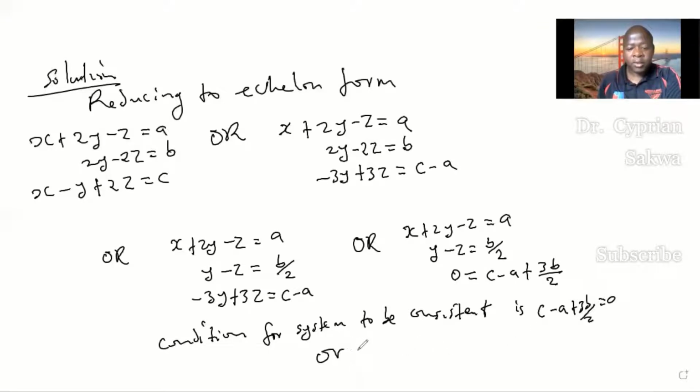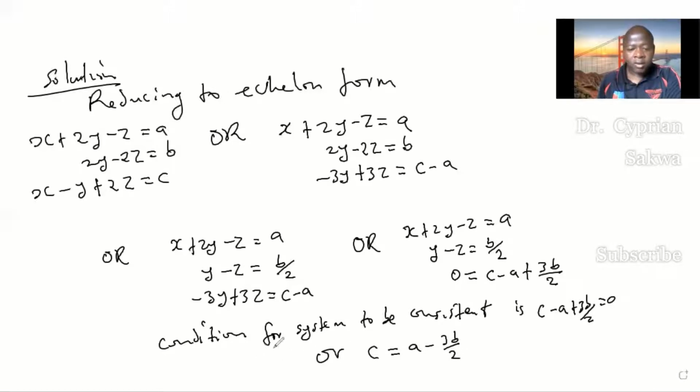Or one would say that c should be the same as a minus 3b out of 2, if I take this to the other side of the equal sign. So c equals a minus 3b out of 2.